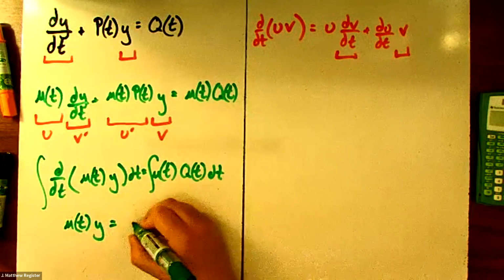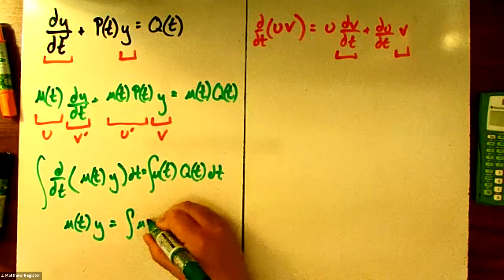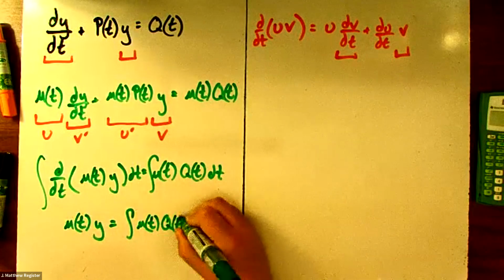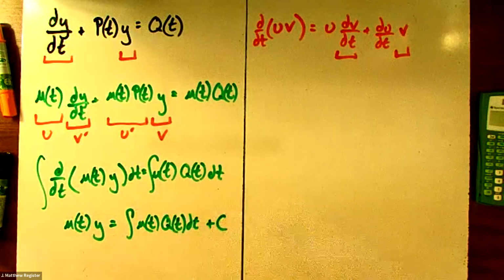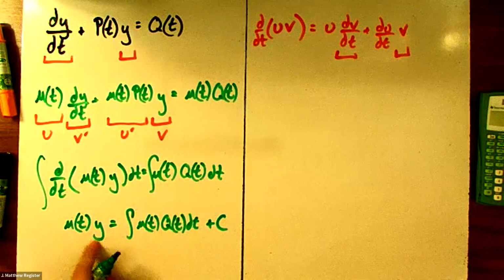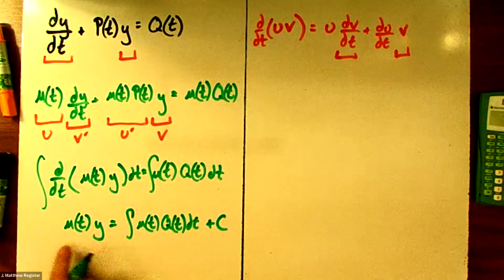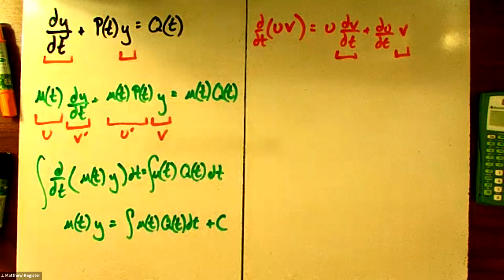And then the right side is going to be very gross: the integral of mu of t times q of t dt. And then we're going to get a plus c term that floats around because we still need that plus c. To solve for y, we then just have to divide by mu of t. And notice this is the only y term that's here. And so this is the general strategy to solve a linear differential equation.